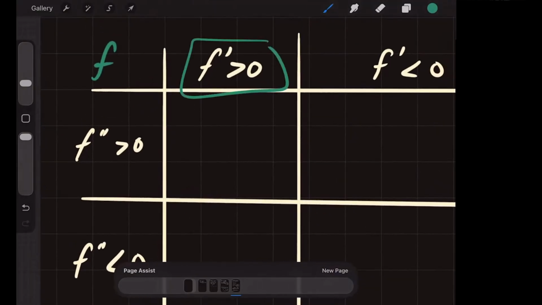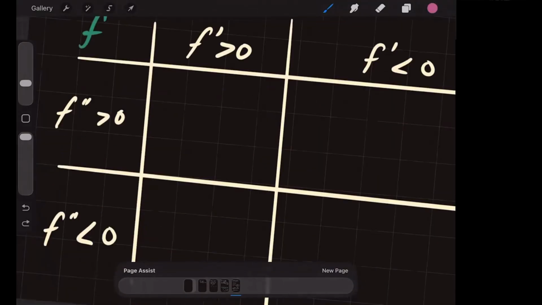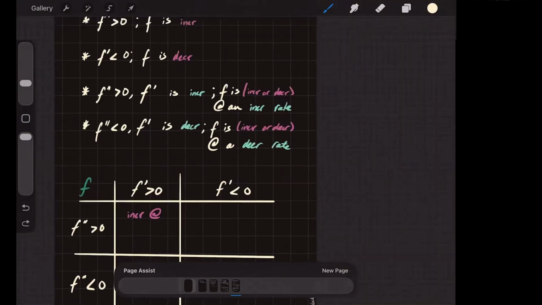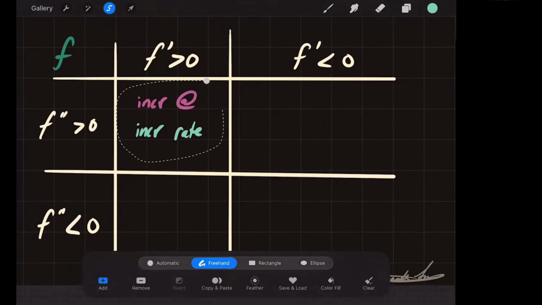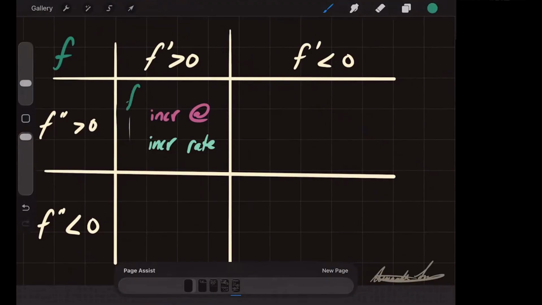When f prime is greater than 0, we know our function is increasing. Increasing when f double prime is greater than 0, so increasing at an increasing rate. Okay? To be very clear, this is the behavior of f. F is increasing at an increasing rate. Okay, cool.